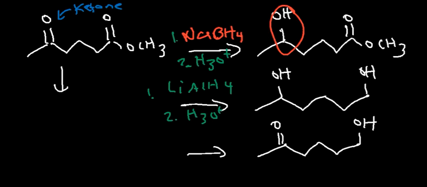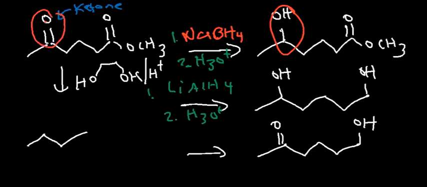So what you want to do is add ethylene glycol with an H+ catalyst. Because ketones are more reactive than esters, ethylene glycol will selectively react with the ketone, forming, specifically really called a ketal, but most textbooks will refer to it as an acetal protecting group.